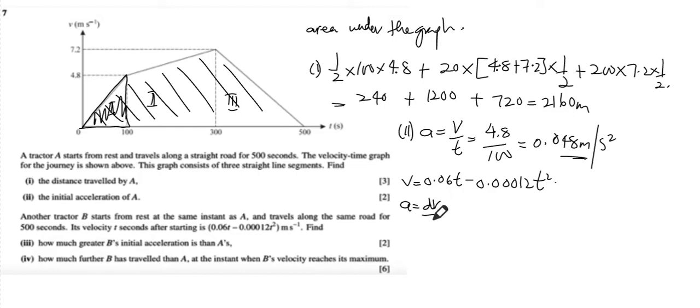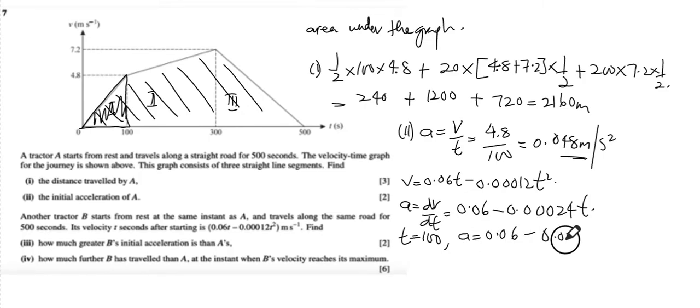So dv over dt equals 0.06 minus 0.00024t. And since it says initial, I'm going to look at the first segment, which is 100 seconds. So t equals 100. So a equals 0.06 minus 0.00024 multiplied by 100.